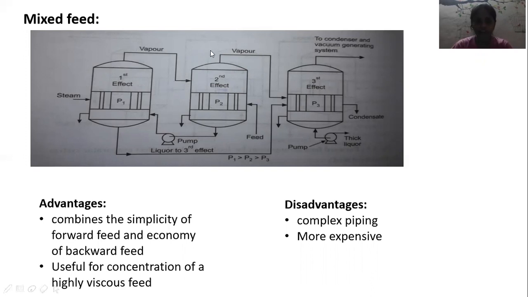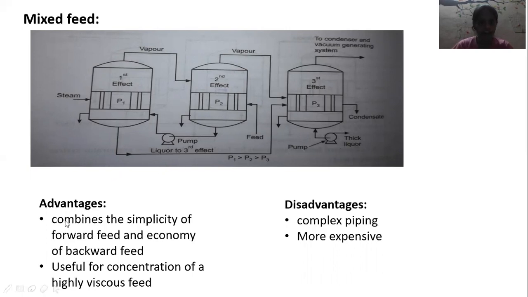But in this, feed is fed to the intermediate effect of the evaporator. From there, it is sent to the first effect with the help of the pump and finally to the last effect for the final concentration. And thick liquor is discharged from the final effect with the help of the pump.